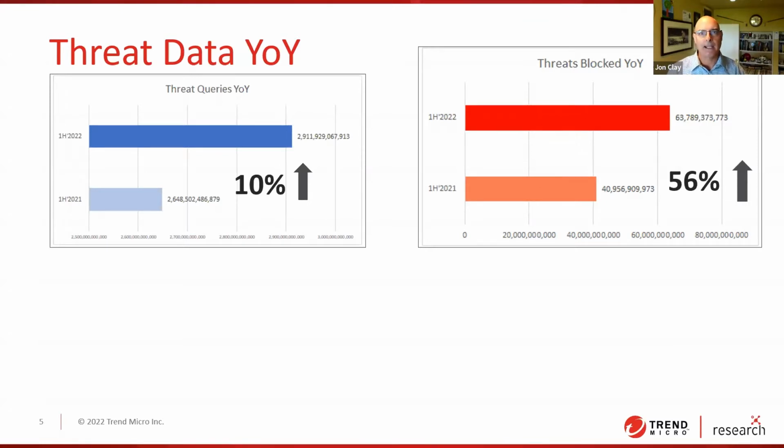On the right-hand graph, you see threats blocked. So these are threats that targeted our customer base, and we blocked them. Again, this is not infections; these are detections. So we prevent the threat from hitting our customers' networks or their devices. And you can see in the first half, we blocked 63 billion, almost 64 billion threats that were targeting our customers, and that's a 56% increase year over year.